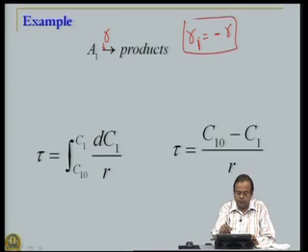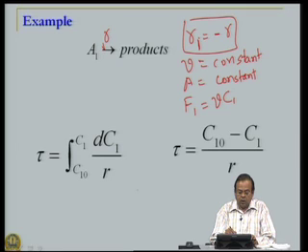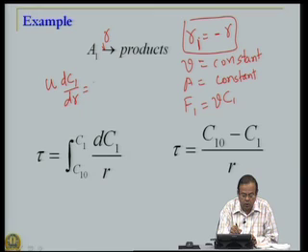So, if we consider this and our assumption that V is constant, and the cross sectional area is constant, then by writing F1 as volumetric flow rate times C1, and the cross sectional area A being constant, remember our design equation under this simplifying condition was U dC1/dz equal to R1.